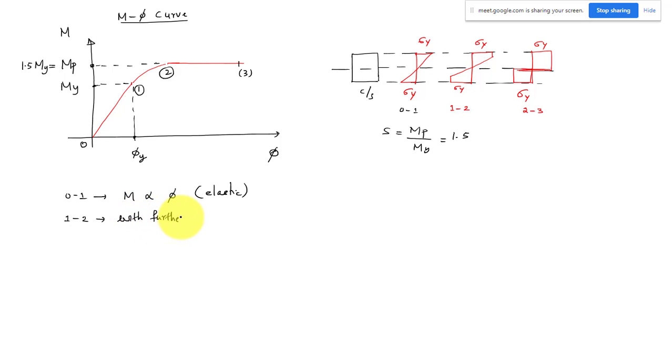With further increase of bending moment, the curvature increases. The curvature increases at a faster rate.